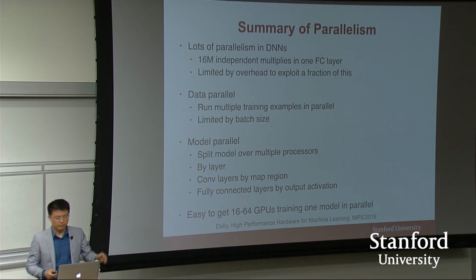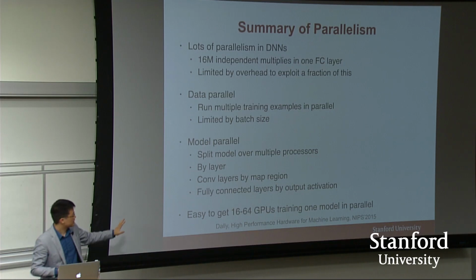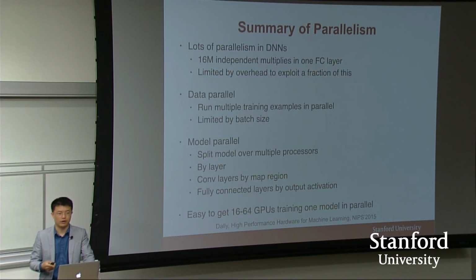And you can also run model parallelism, split the model either by cutting the image or cutting the convolution weights, or cutting the fully connected layers. So it's very easy to get 16 to 64 GPUs training one model in parallel, having very good speedup, almost linear speedup.